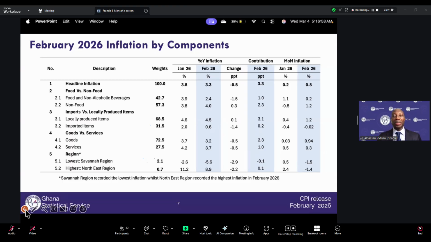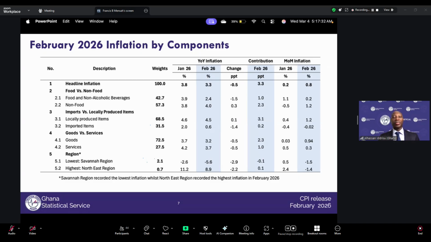Now, month on month, food prices increased by 0.2% in February 2026, down from 1.1% in January 2026. What does this tell us? This tells us that food price pressures are easing significantly. And this is good for households because, as I mentioned earlier, food constitutes a very significant proportion of the inflation basket for households. Also for policymakers, this signals improving supply conditions.